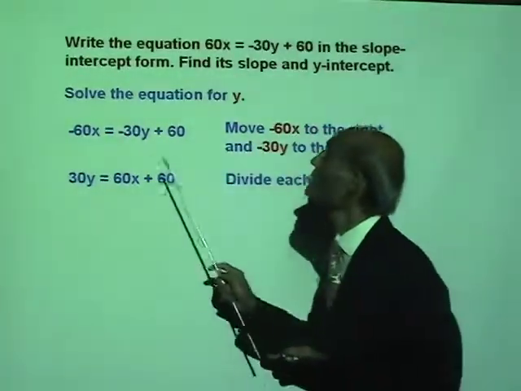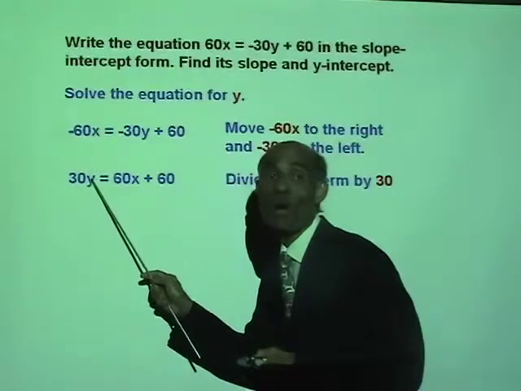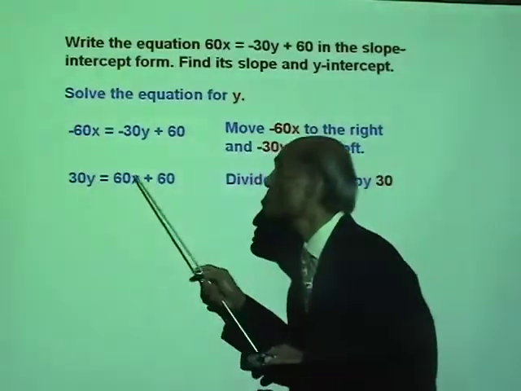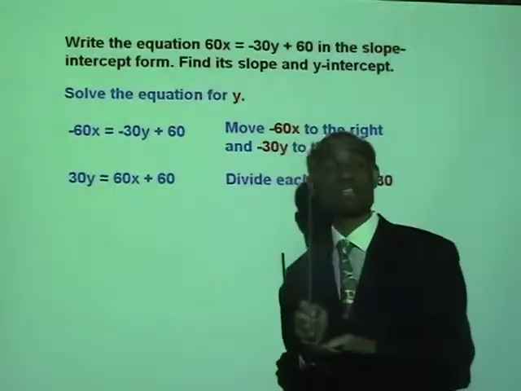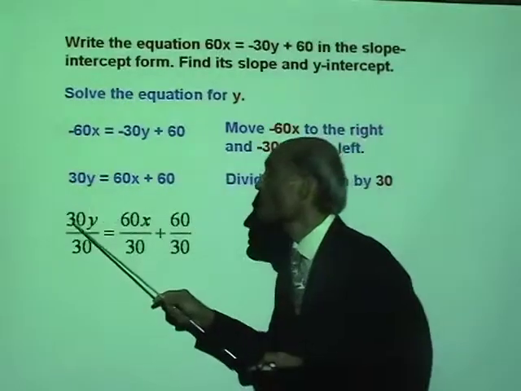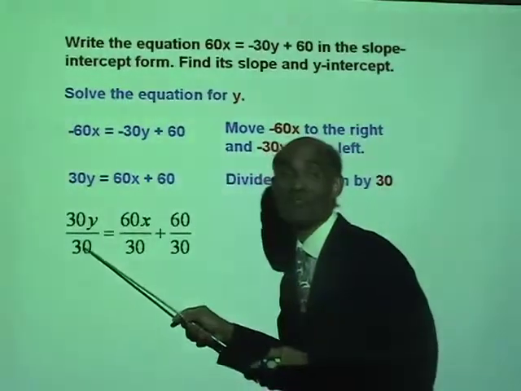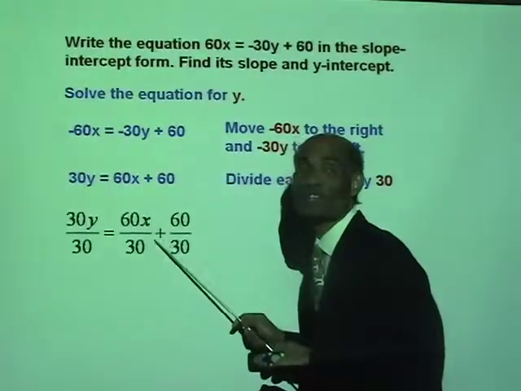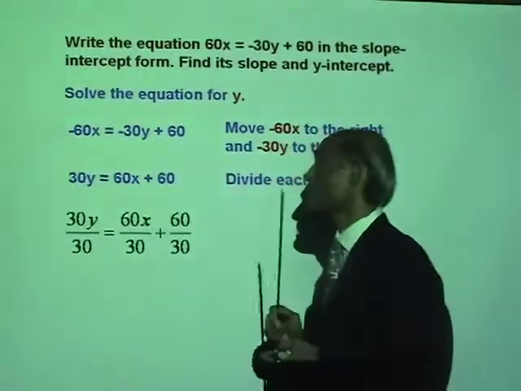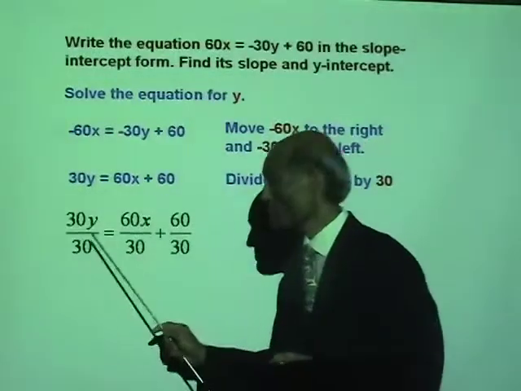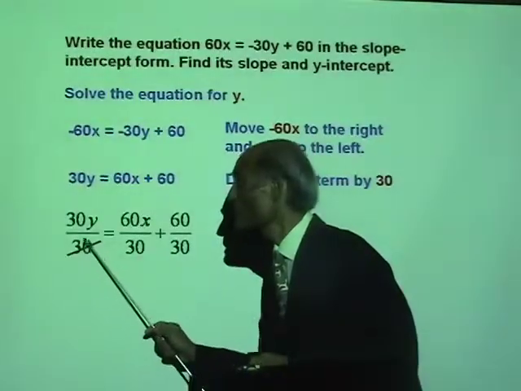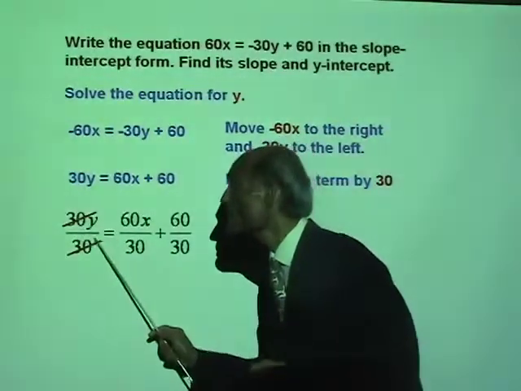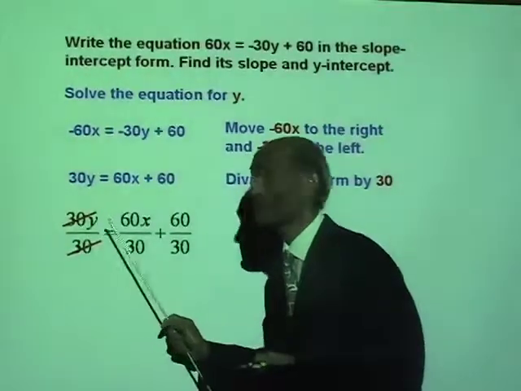And now you need to get y alone. Divide each term by 30. That will be 30y divided by 30 equal to 60x divided by 30 plus 60 divided by 30. On the left, the 30 and the 30 will go, leaving y alone.